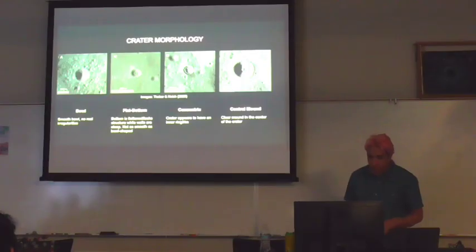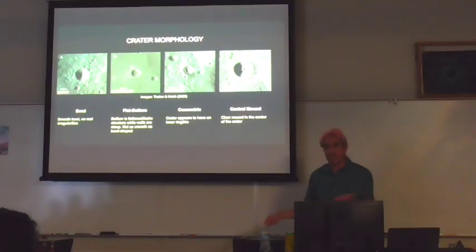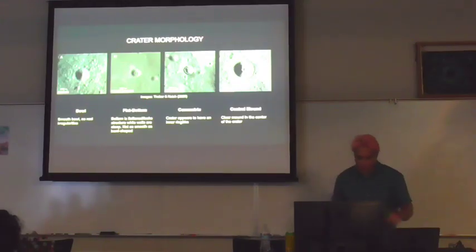Studies have determined that concentric craters, these right here, form when there's a large enough difference in strength between surface layers and when the top layer doesn't collapse enough to fill in the hole. When you do have a collapsing of the sides of the walls of the crater, that's usually when you get the flat bottom. That's what fills everything up on the bottom of the crater itself.